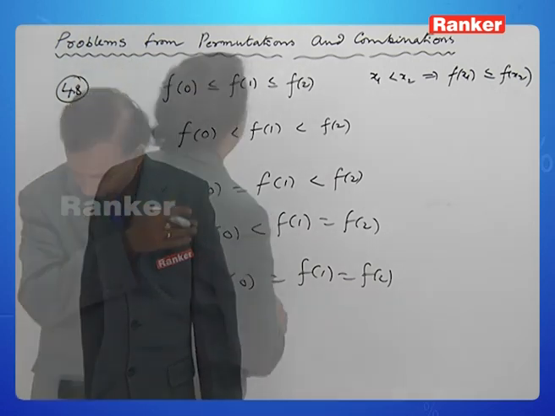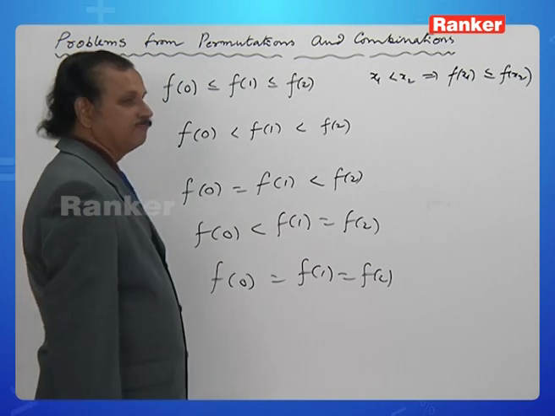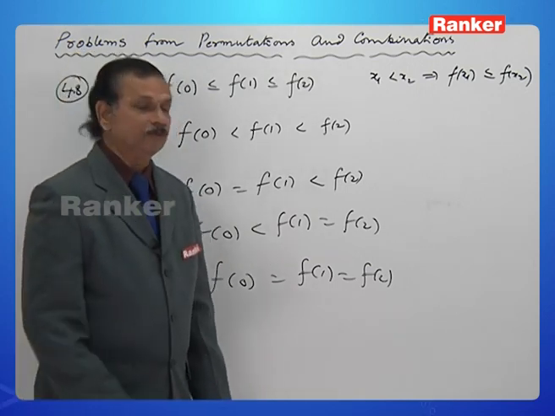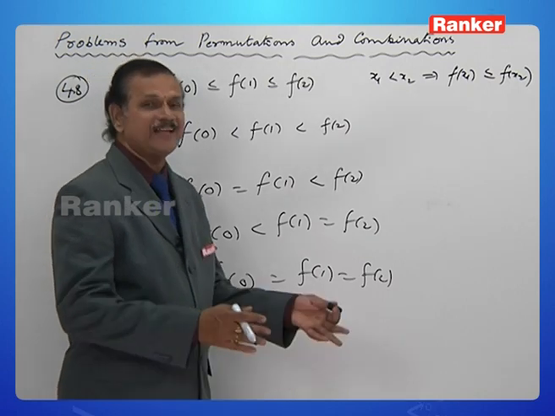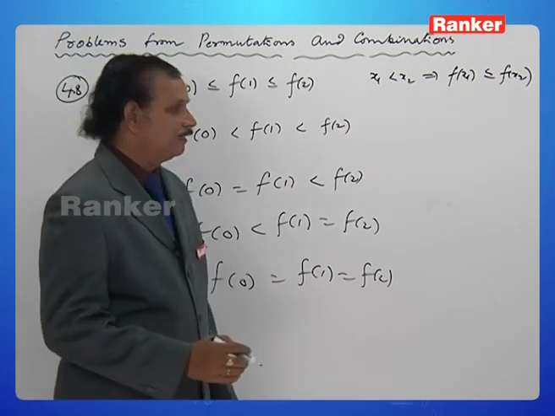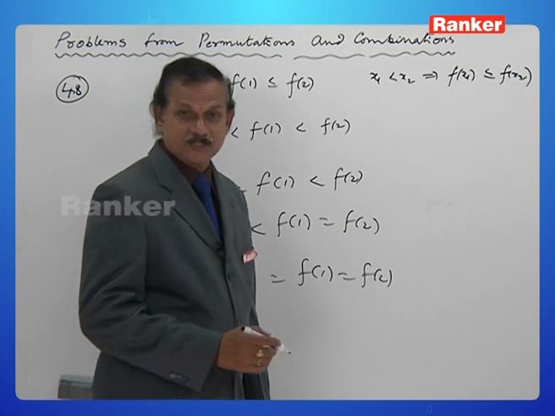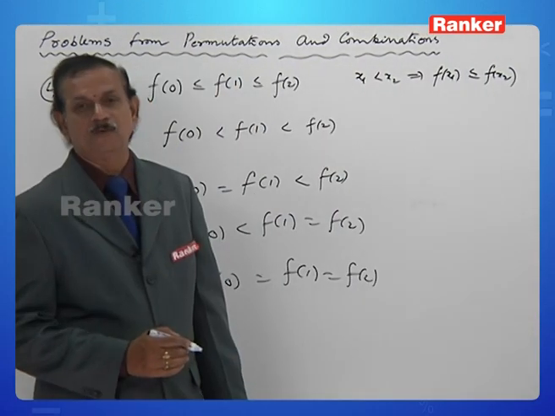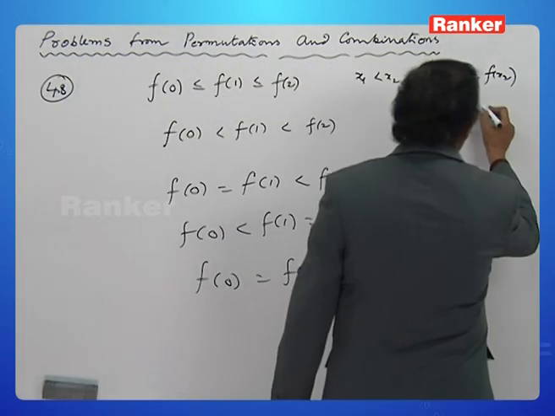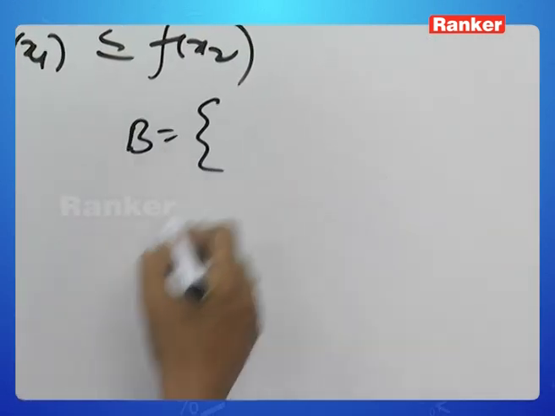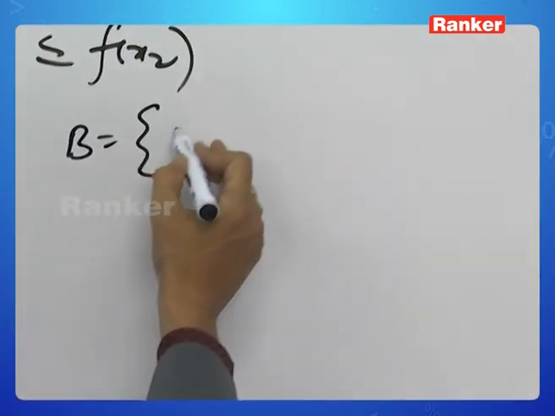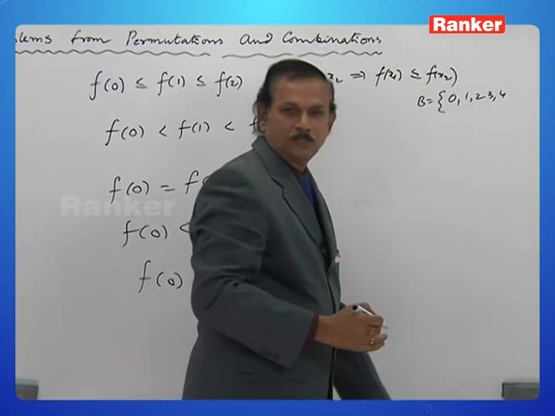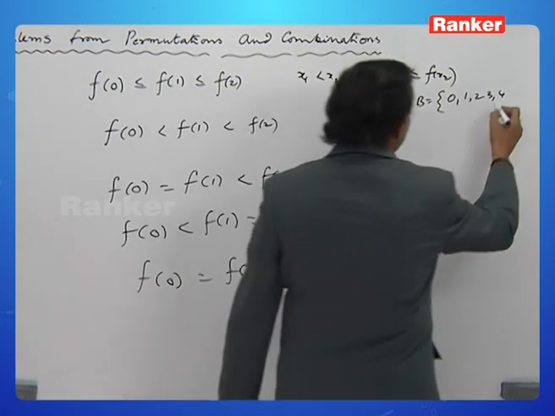We should have f of 0 less than f of 1 less than f of 2. Therefore, you have to choose 3 elements from the codomain. First of all, let me recollect what is the domain and what is the codomain here. What is the domain? 0, 1, 2. What is the codomain? B is equal to 0, 1, 2, 3, 4, 5, 6, 7.